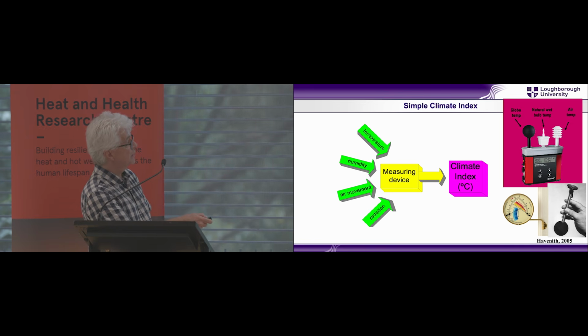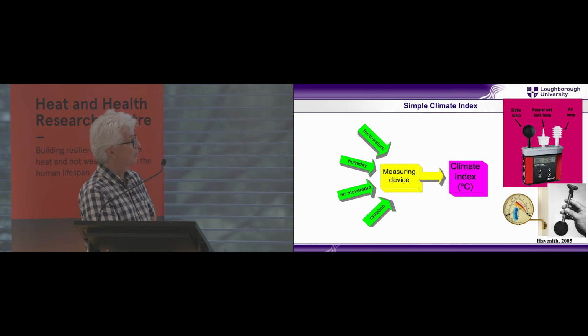So the measuring device, for example, WBGT, is influenced by temperature, humidity, air movement, and radiation in the ideal case. And then you get a value. In this case, these are weighted outside by 0.2, 0.7, and 0.1. And you get a climate index like the WBGT.